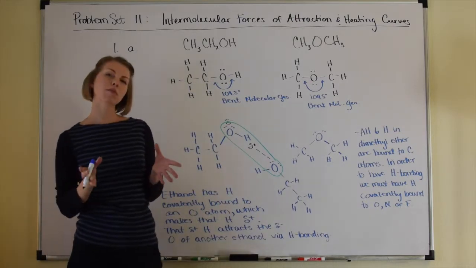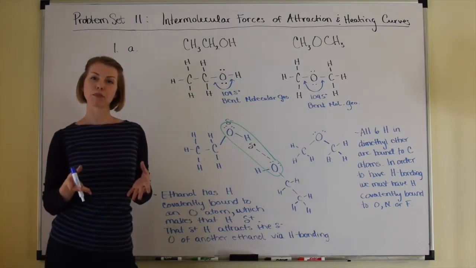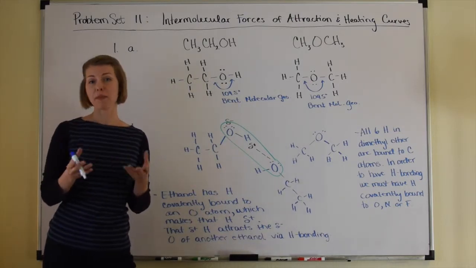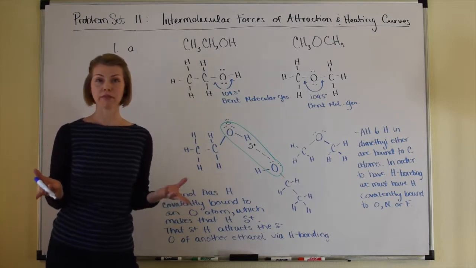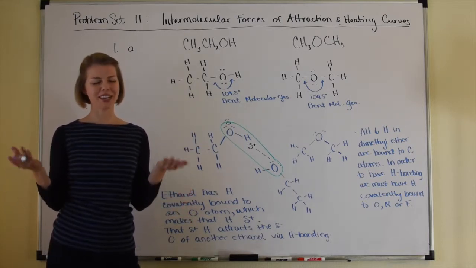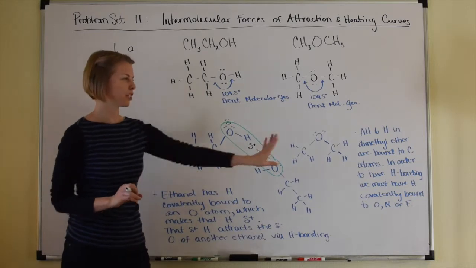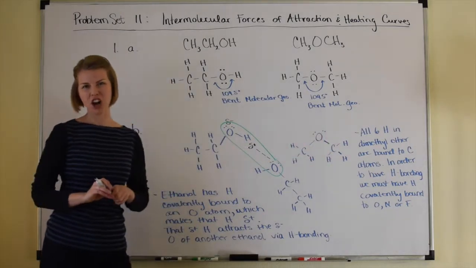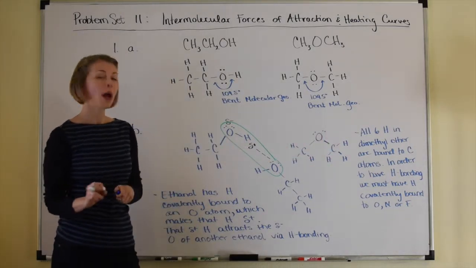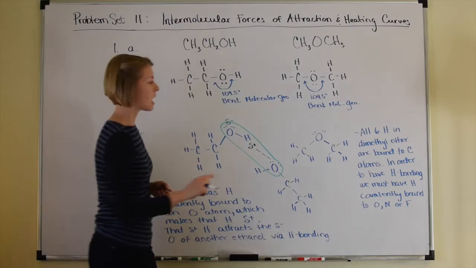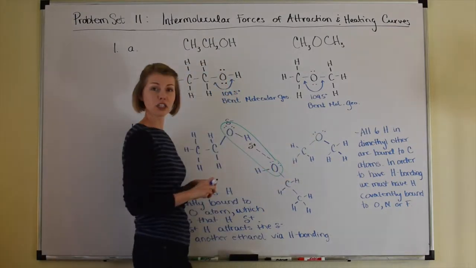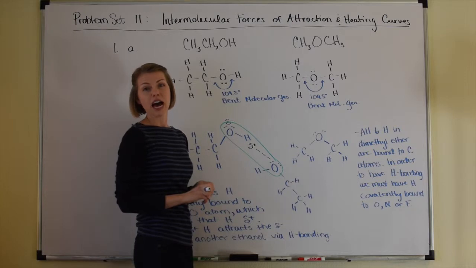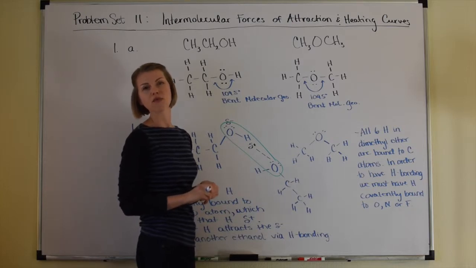So let's go ahead and take a moment to see what type of intermolecular forces of attraction the dimethyl ether are capable of. We already know it's not hydrogen bonding because it was actually given in the problem. We just proved that those hydrogen cannot hydrogen bond. Okay, but if we calculate the delta EN of an oxygen-carbon bond, we will see that it has a change in electronegativity of 1.0.